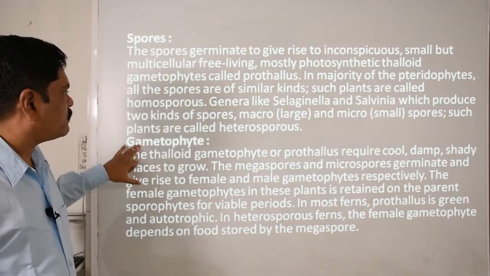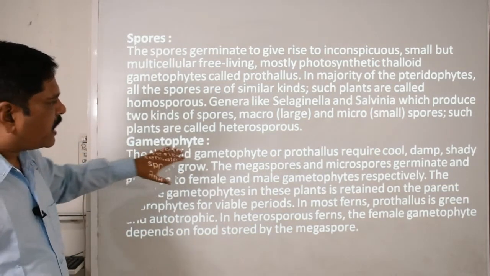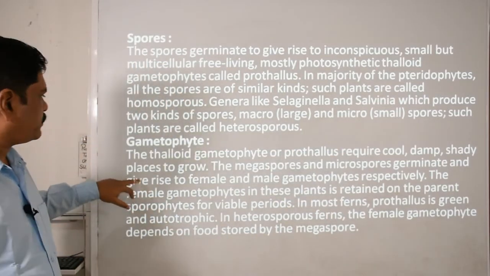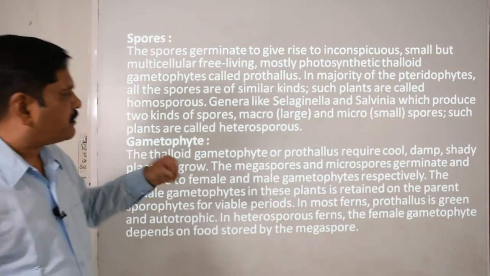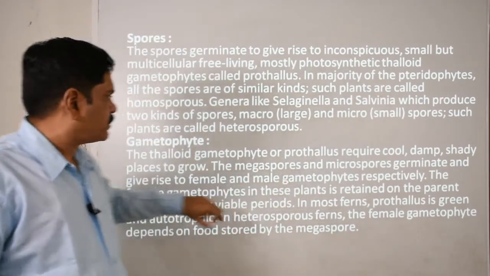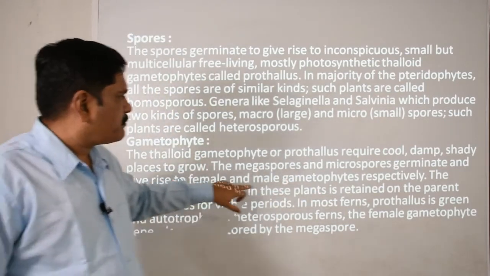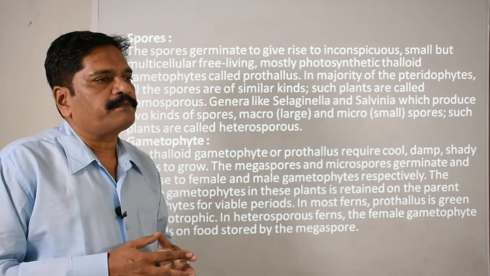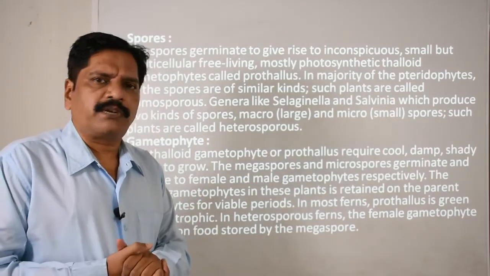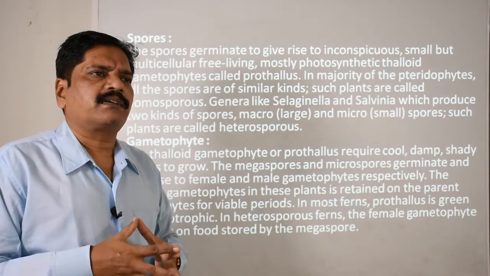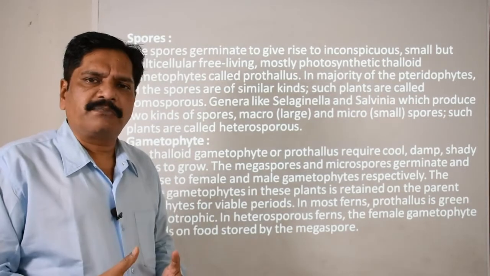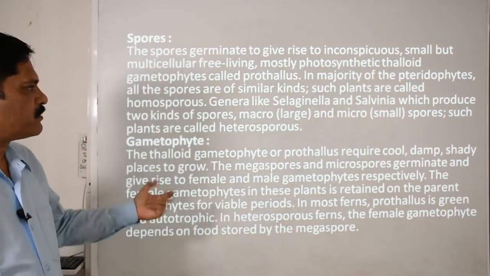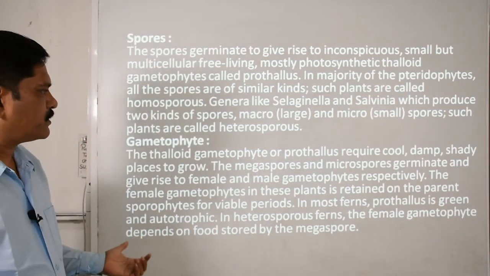Now we come to discuss the gametophyte. The thalloid gametophyte or prothallus requires cool, damp, shady places to grow, and the megaspores and microspores germinate and give rise to the female and male gametophyte respectively. From the sporophylls, the haploid spores disperse, and when they get favorable conditions they germinate and produce microspores and megaspores.